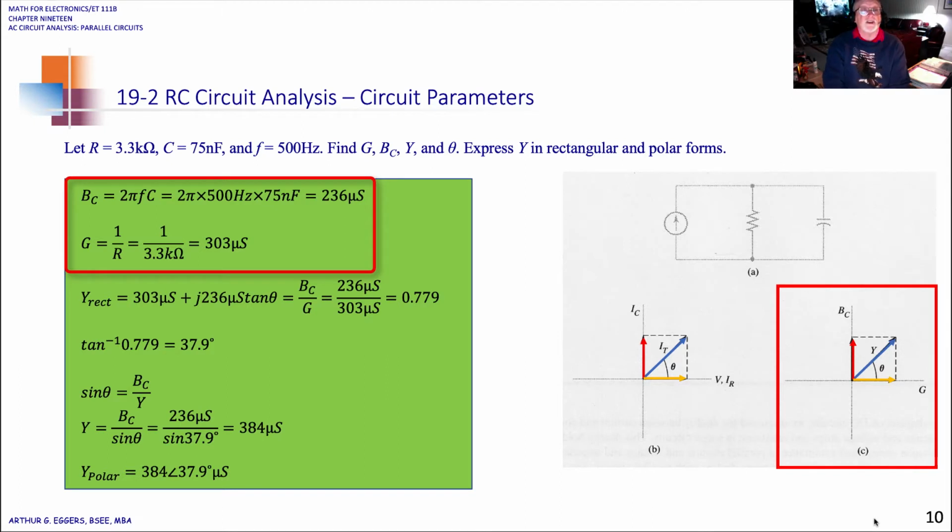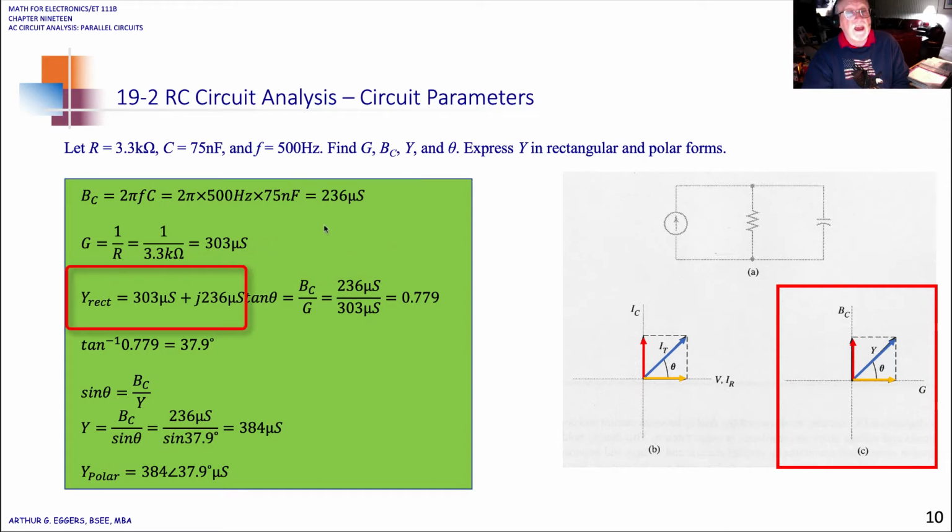So now using that inverse formula, B sub C is equal to 2 pi fC, we plug in our knowns, 500 hertz, 75 nanofarads, and we come up with 236 microsiemens for B sub C. Now if we look at the relationship for conductance, since we know conductance is the inverse of resistance, 1 over R, then we can put our resistance, 3.3 k ohms, into the conductance formula, and we have 303 microsiemens.